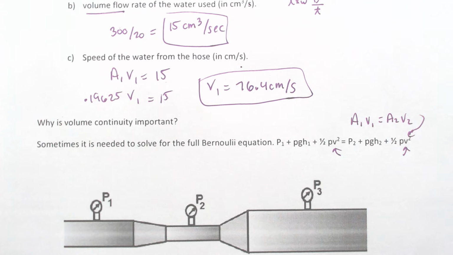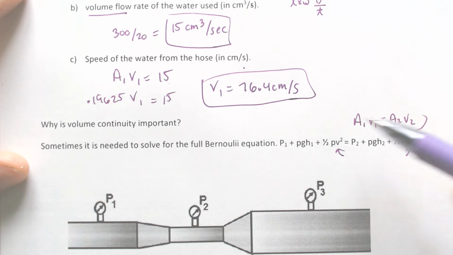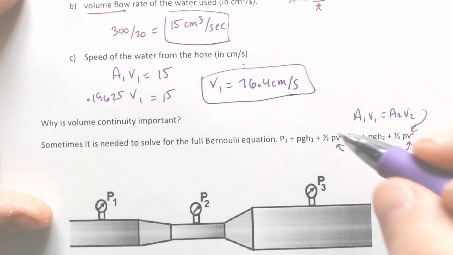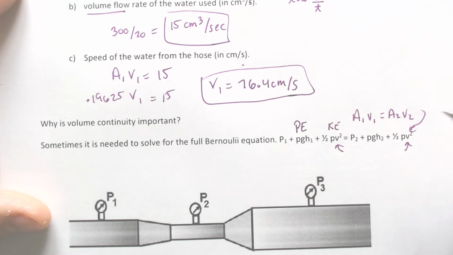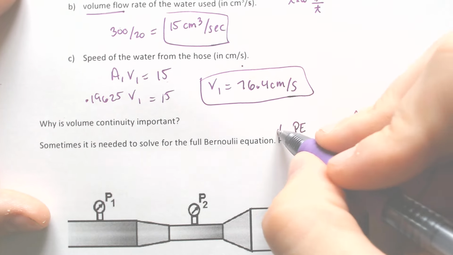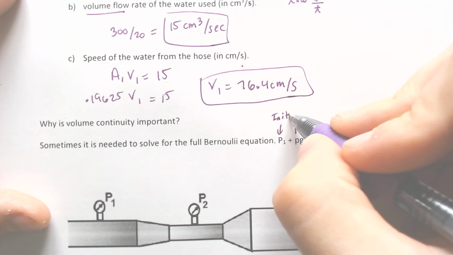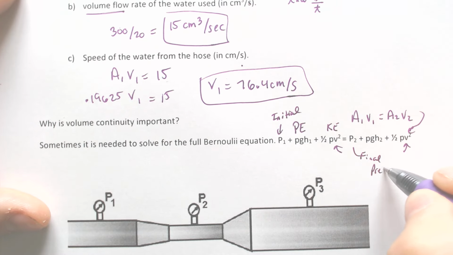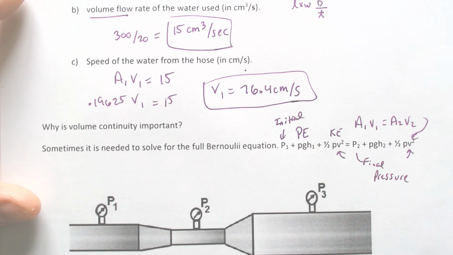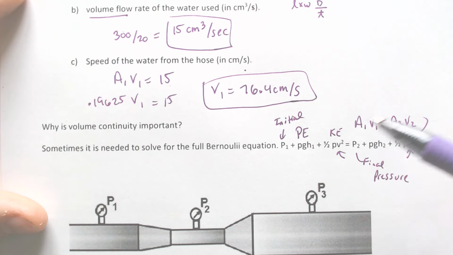Now, while we have Bernoulli's here, it's important to recognize that this is a good representative of potential energy and kinetic energy of the water, and then this would be the initial pressure, and this would be the final pressure. All right? And all of these things work in conjunction. If you increase the velocity, odds are that you are going to decrease the pressure.